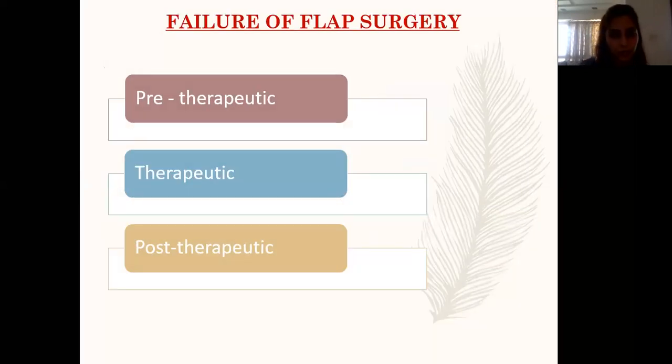Failures of flap surgery. I'm almost at the end of my presentation and would like to also mention that we must have a little know-how on what failures are, and need to anticipate that and avoid situations that could get us into one. They could be pre-therapeutic, therapeutic, or the etiology could be post-therapeutic.